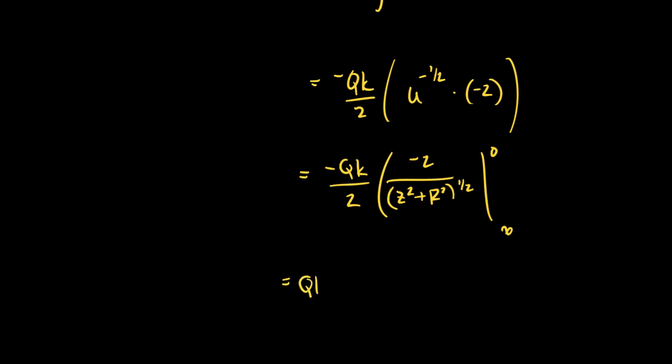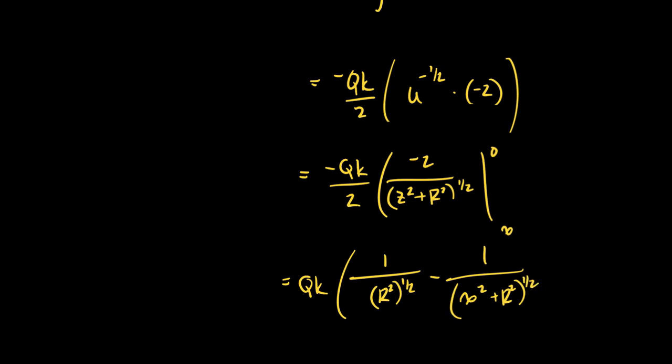So this is just qk times 1 over, I'm going to put 0 in for z. So that's going to be r squared to the 1/2 minus 1 over, I'm going to put infinity in for z, so that'll be 1 over infinity squared plus r squared to the 1/2.